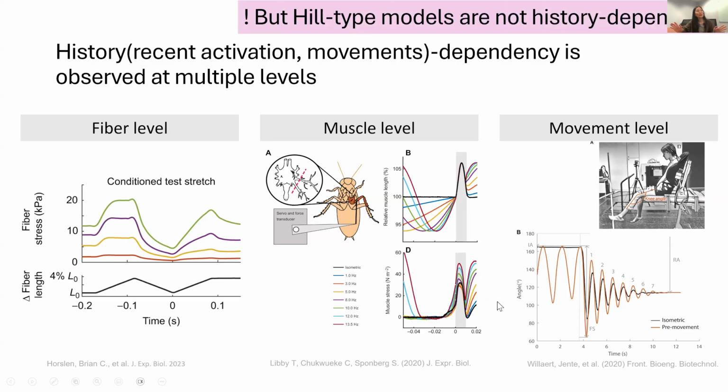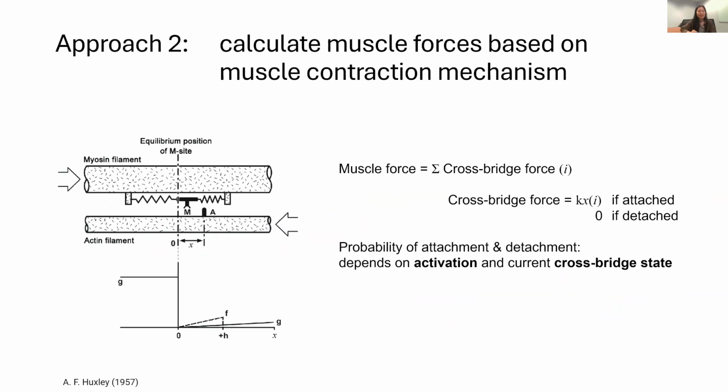So the Hill-type muscle model does not capture any of this history dependence, so it is not suitable for some of our projects. So we came up with a different approach of calculating muscle forces based on the muscle contraction mechanism, rather than looking at its overall effect and summarizing it using the force-length and force-velocity curves alone.